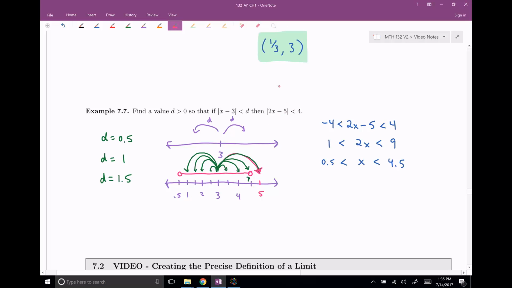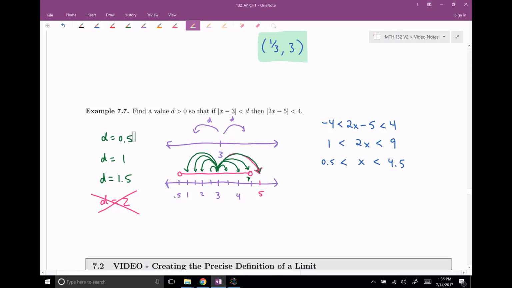Is the absolute value of 5 less than 4? No, it is not. So as soon as I go distance 2, now I'm going too far. Now I could go up to 5, and that is not in this solution set. It does not satisfy this inequality. So d equals 2 does not work.